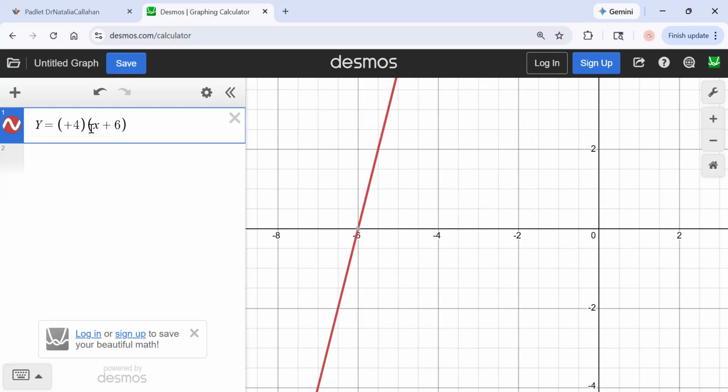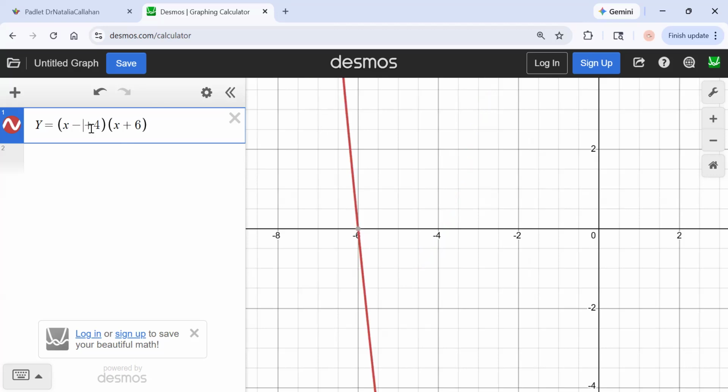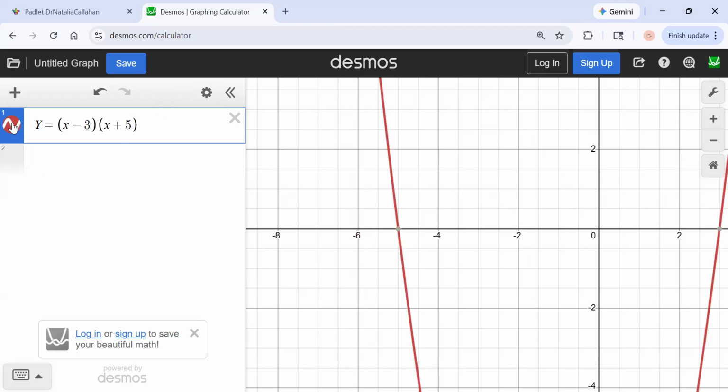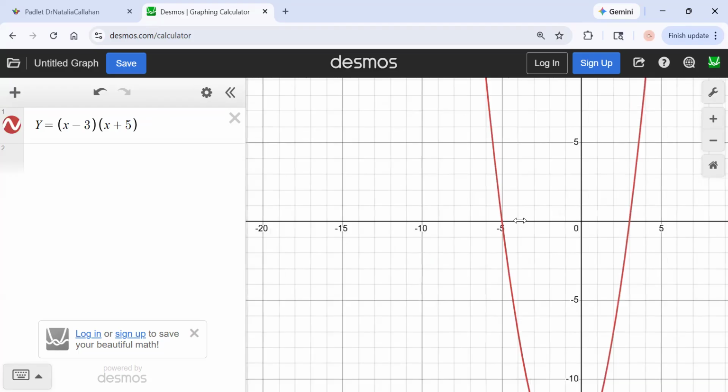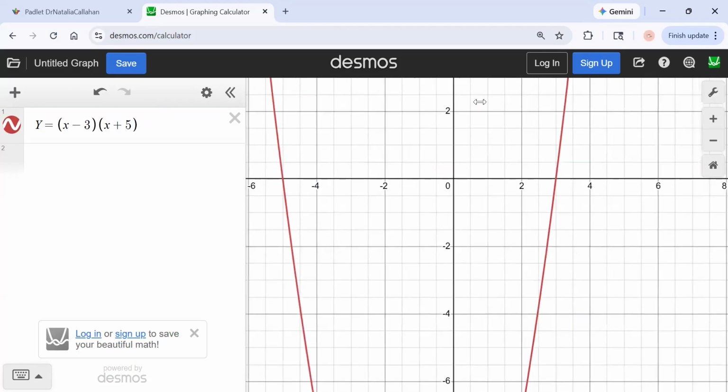X minus 3. Next one. X plus. This is your x-intercept. Label that. Let me know when you're ready to move on.